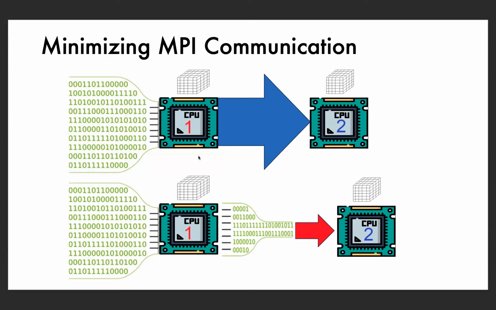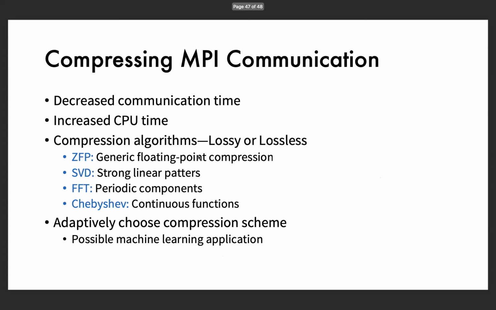One way you can imagine is that there are different parts of your grid where the precision you use matters more or less. For example, if I'm near the outer boundary, my grid spacing is like a half in computational coordinates, and I know that I don't have a very precise solution.